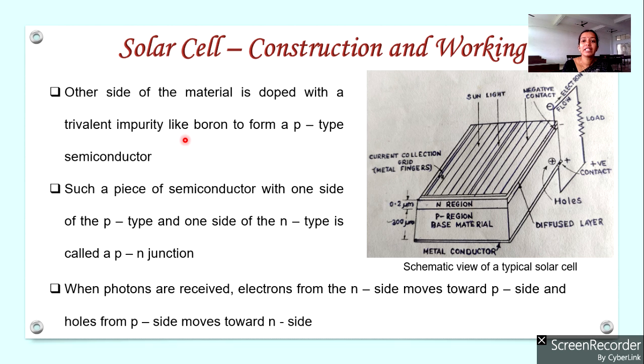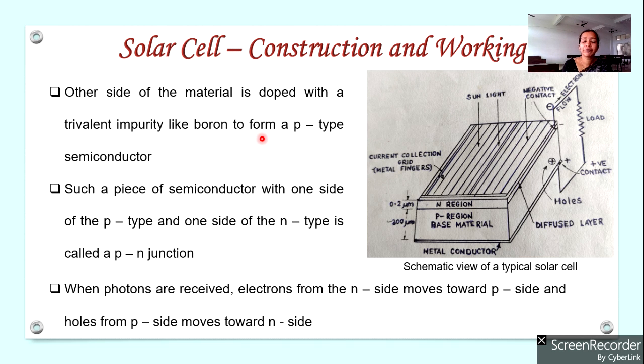When this trivalent impurity is added, that impurity will have 3 electrons in its valence shell. These 3 electrons will form covalent bonds with 3 valence electrons of silicon. Silicon has 4 outermost electrons, so in order to form covalent bonds, one of the electrons needs another electron from the impurity, but the impurity can provide only 3 electrons.